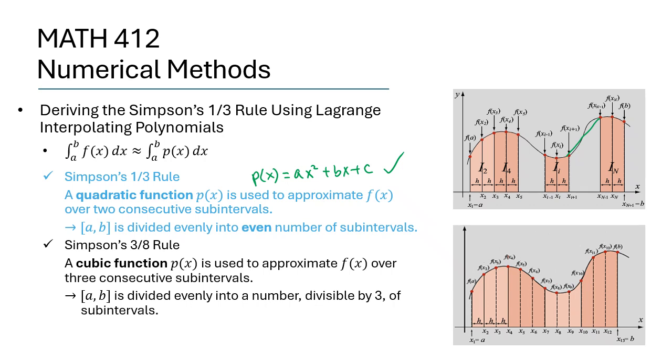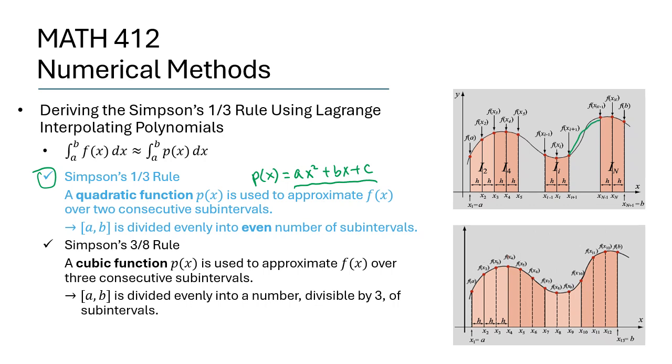Simpson's one-third rule uses a quadratic function to approximate f of x, and Simpson's 3/8 rule uses a cubic function to approximate f of x over a small interval. Now we just focus on Simpson's one-third rule, and we use a quadratic function to approximate a curve over an interval.